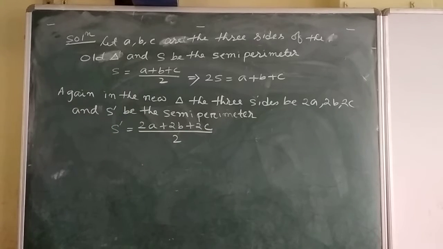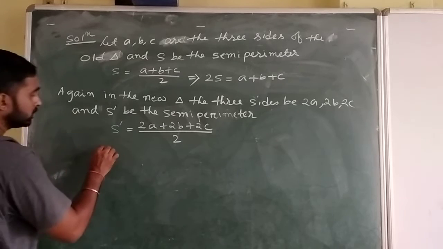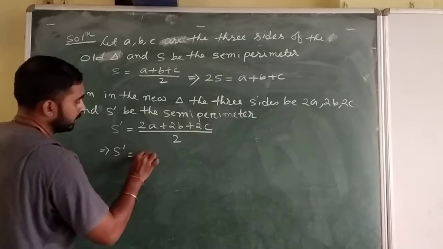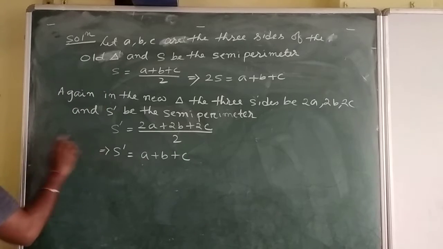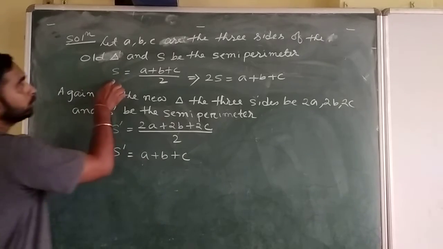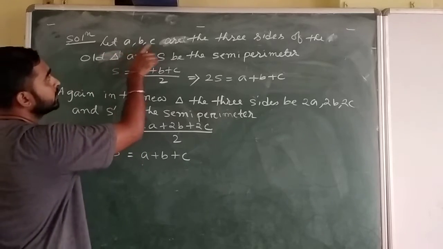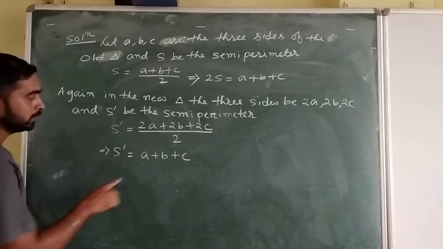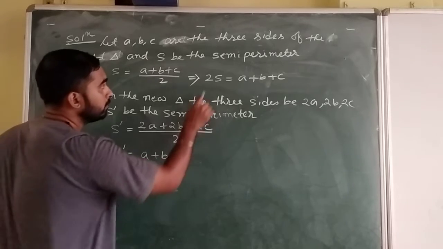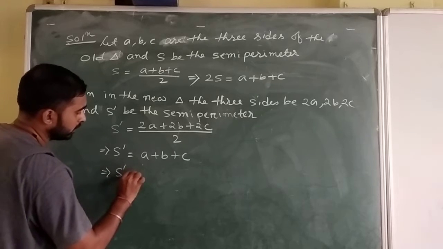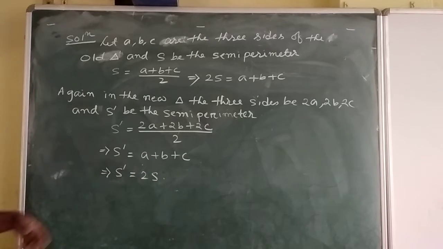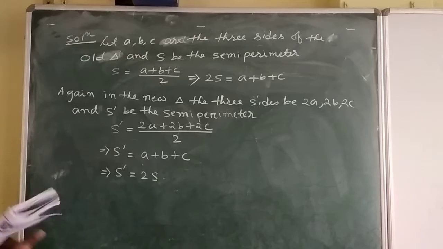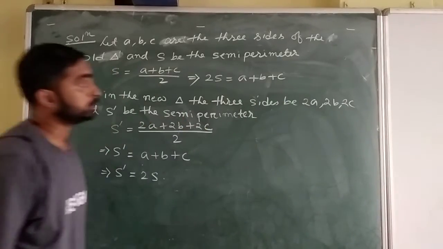Twice S dash equals twice A plus twice B plus twice C. So S dash equals, 2 is common, the 2 cancels, ultimately A plus B plus C. Now in the whole triangle, where the sides are A, B, C and S is the semi-perimeter, we got A plus B plus C equal to twice S. So here we can replace A plus B plus C by twice S. So S dash equals twice S. This is the relationship between the semi-perimeter of the new triangle and that of the whole triangle.